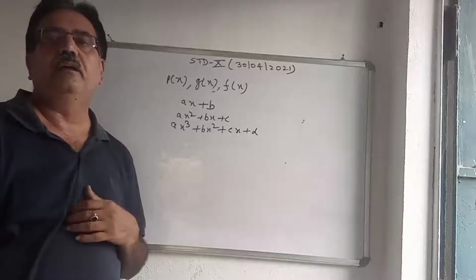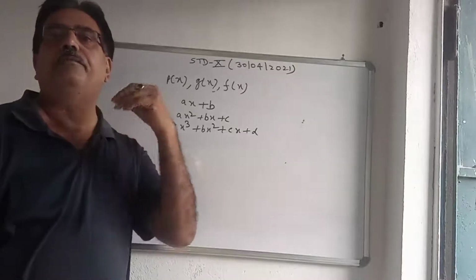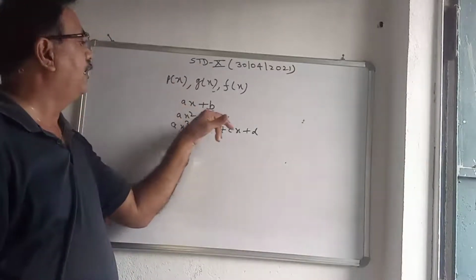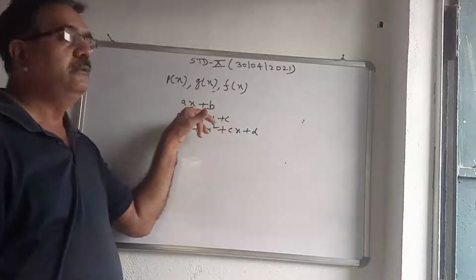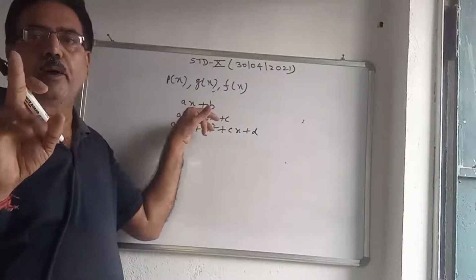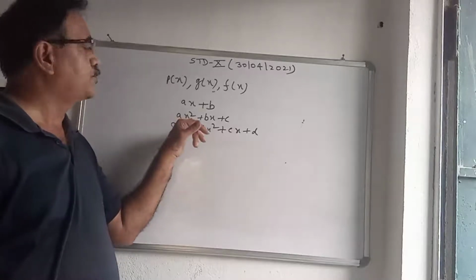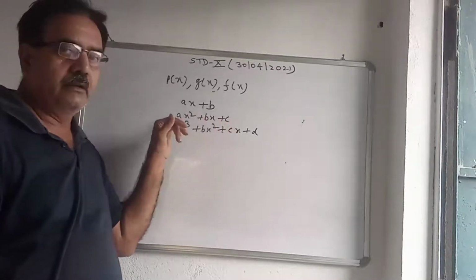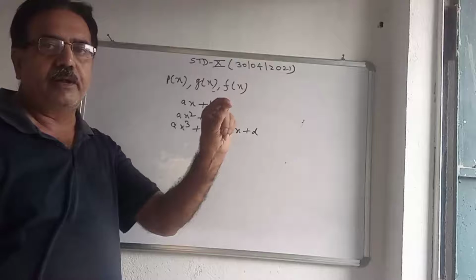According to the degree, we get the number of values of the variable. In a linear polynomial, the degree is 1, so when you solve, we get only 1 value of the variable. Here the degree is 2, the quadratic, so when you solve, we get 2 values of x.